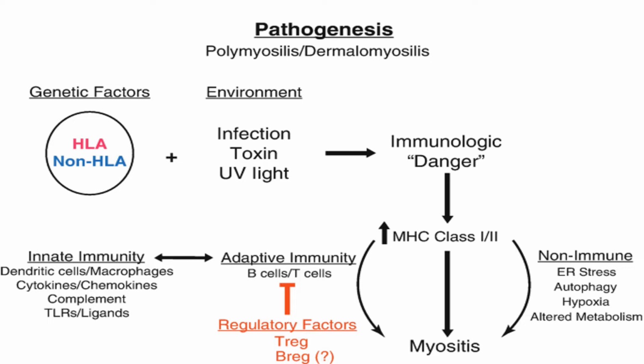Innate immunity, that is dendritic cells and macrophages, and adaptive immunity combined will cause myositis. Even the non-immune cells, that is ER stress and autophagy, meaning the accumulation of unfolded proteins in the endoplasmic reticulum, will cause myositis.